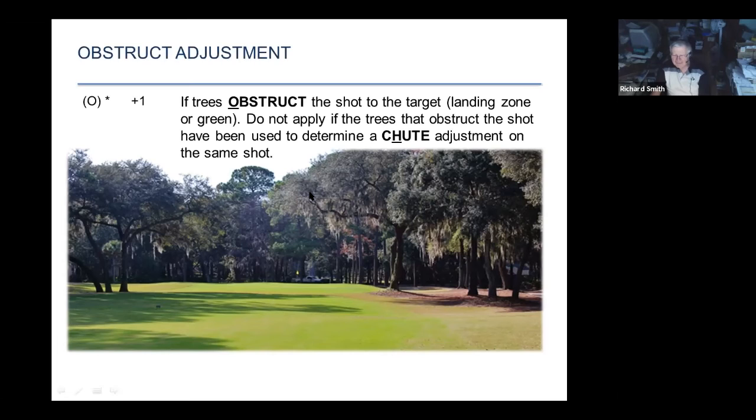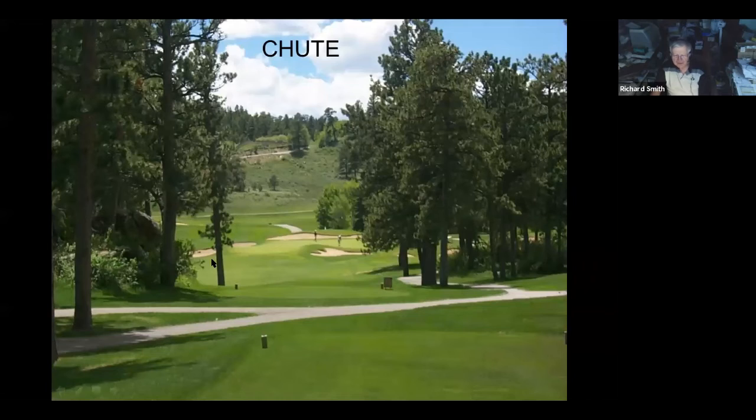So if the shot in is requiring a high trajectory, that's definitely going to obstruct the shot to the green. And it's difficult to tell here, but it looks like these trees can be quite a ways back, so they very likely would be in play here. And the shoot now has its own adjustment code.